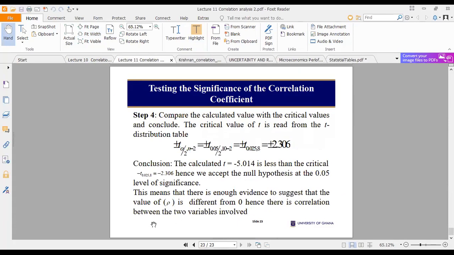Hence, there's a correlation between the two, but you are saying we should accept the null hypothesis. So the decision is wrong. It's supposed to be reject the null hypothesis, which will mean that there's correlation between the two variables. So please, when you are going through it, you have to check it. Okay, all right.